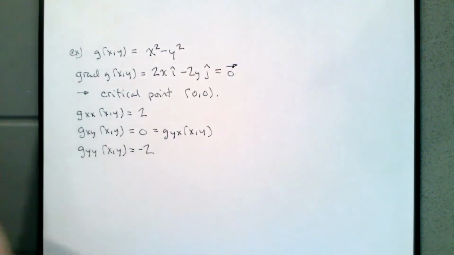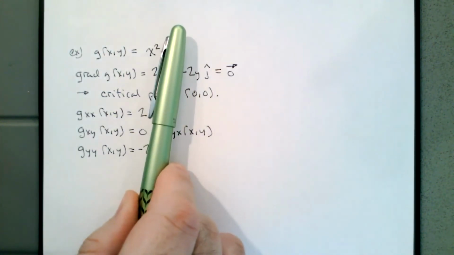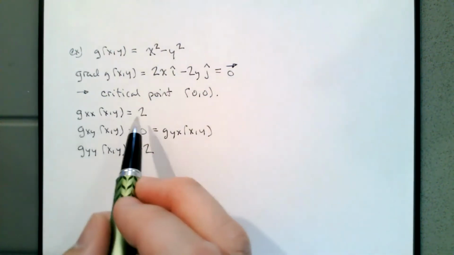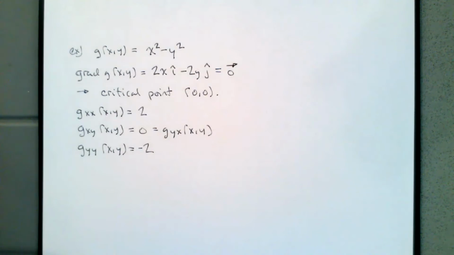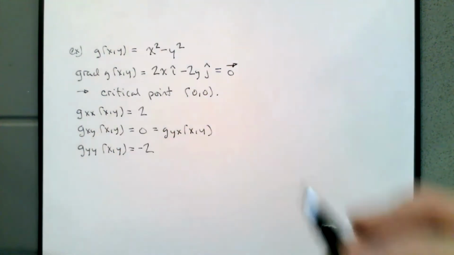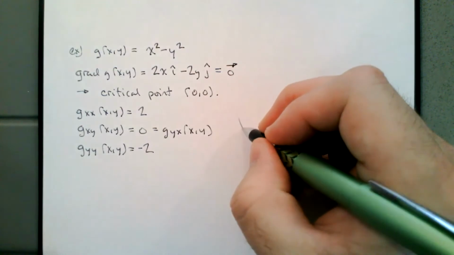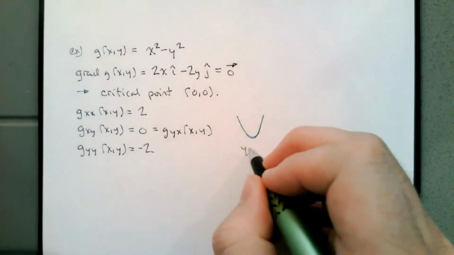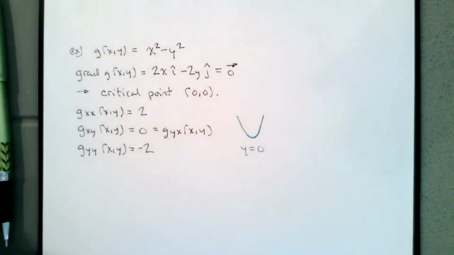So the difference between our second partials gives us a different picture. When y is equal to 0, we go up to our function and think y is equal to 0, then we're looking at x squared, and gxx is equal to 2, we should see concave up. And that's what we see. When y is equal to 0, we just get x squared. So we have this parabola going up when y is equal to 0.